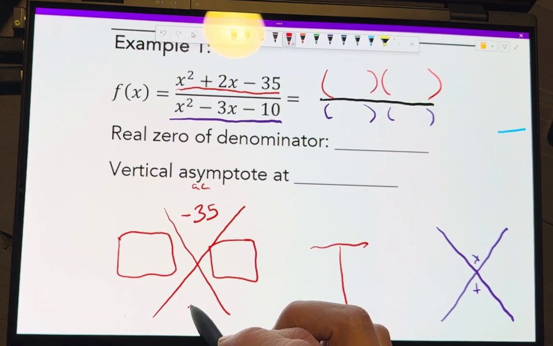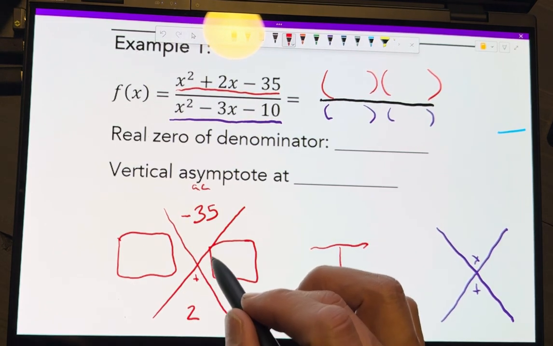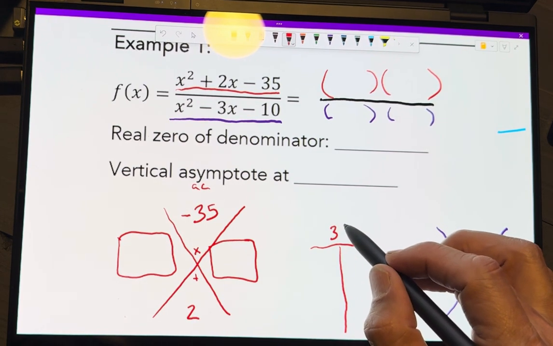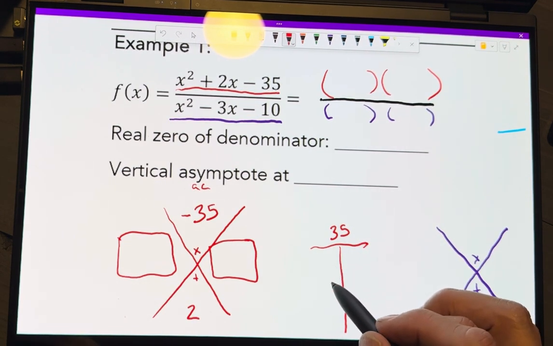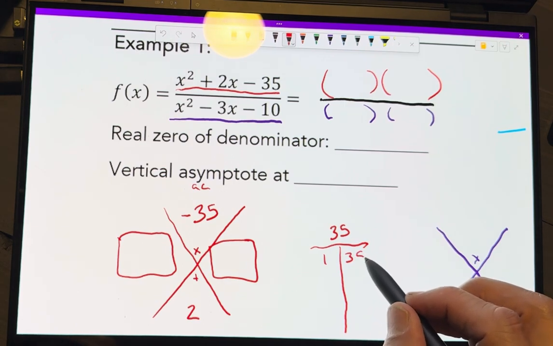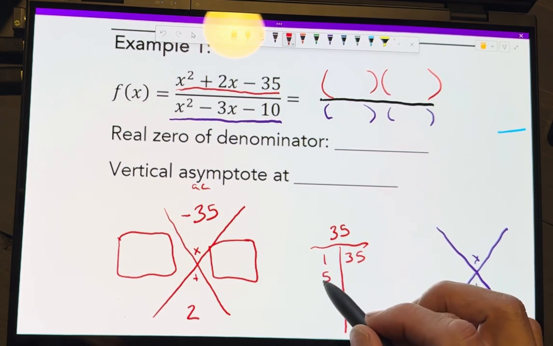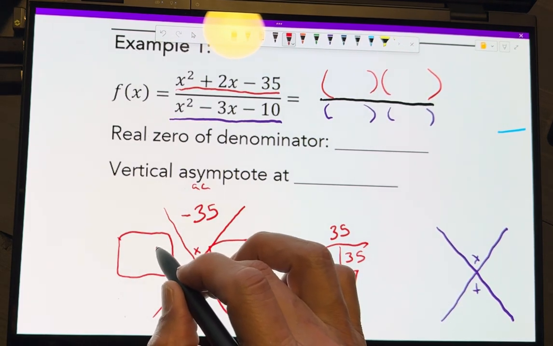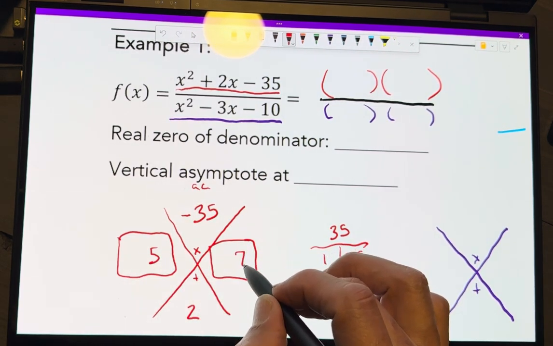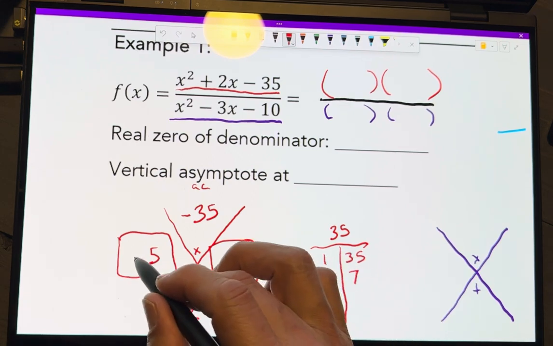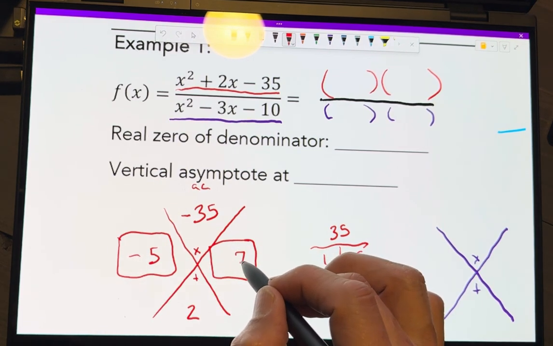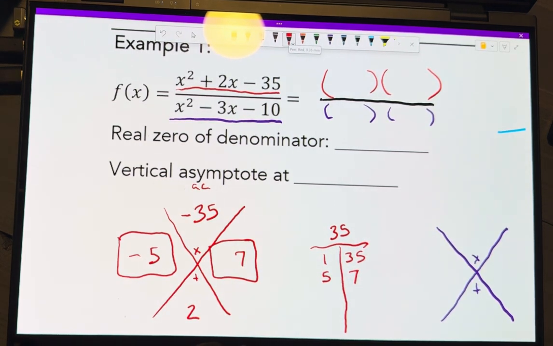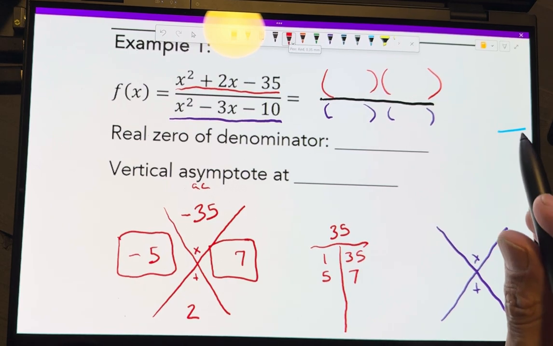I have a b of positive 2. And let's find the factors of 35. So we got 1 and 35. 1 times 35 is 35. 5 times 7 is 35. And those are the numbers that we need. So negative 5 plus 7 gives us positive 2. Negative 5 times 7 gives us negative 35, which is what we need.